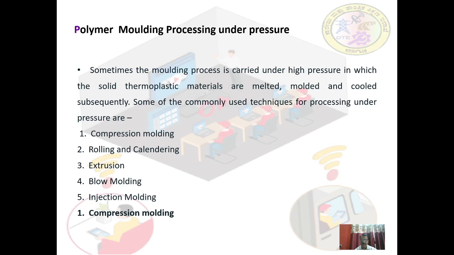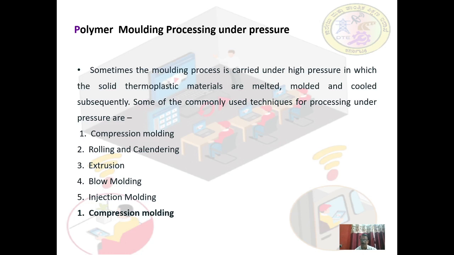The cavity is filled with the cold plastic and is melted by heating the mold under low pressure. When melting is complete, the mold is closed and pressure is applied. The molding is removed by releasing the pressure once the ejection temperature is reached.